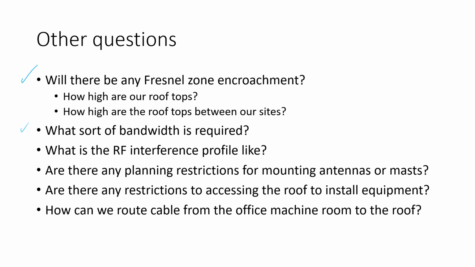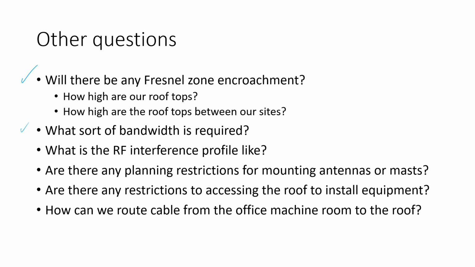You need to have an idea of what the RF interference profile is like. That will help you design the system operating margin, especially if there are many other players using 5 gigahertz for any other applications. Then there are very practical things. It may be that you need to mount these devices or an antenna on a mast. Are there any planning restrictions for mounting antennas or masts? Are there any restrictions on accessing the roof of the building to install equipment?